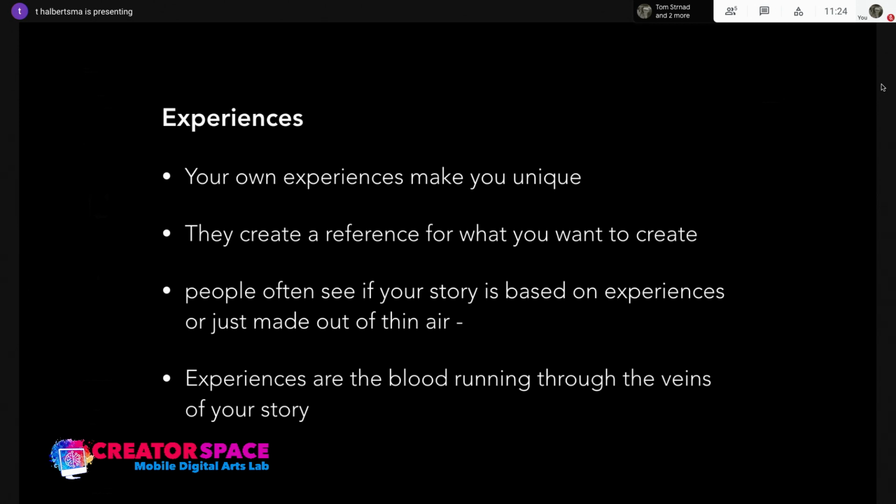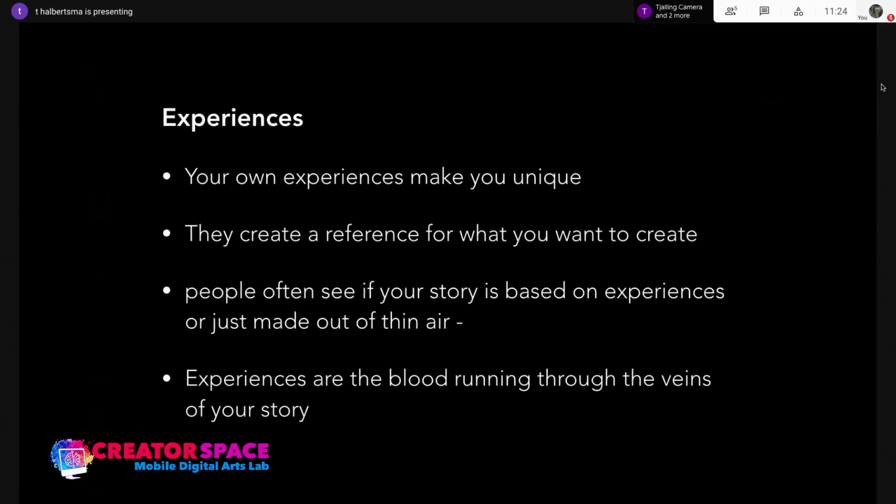So use your own experience. Even if you embellish them, it's a strong tool. People often see if your story is based on experience or just made out of thin air. If something is really deeply felt, then somebody knows what you're talking about. If it's like, oh, whatever, then it doesn't stick.